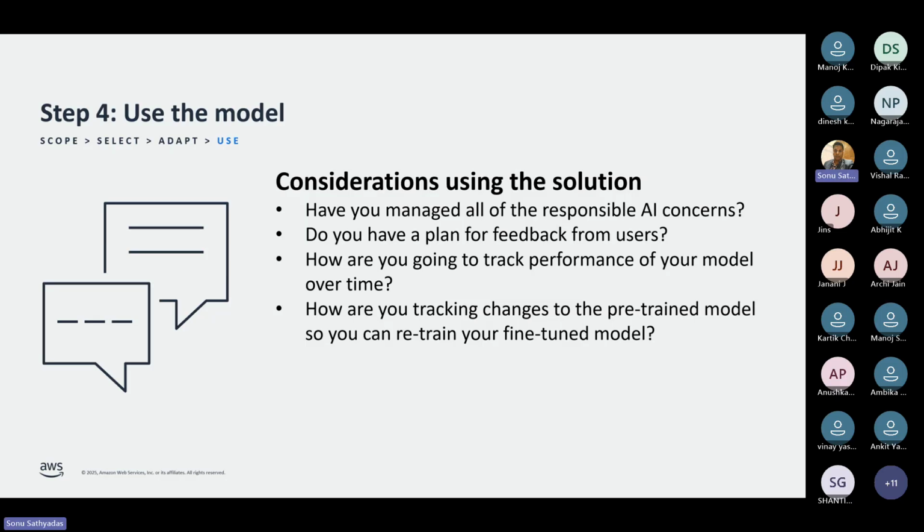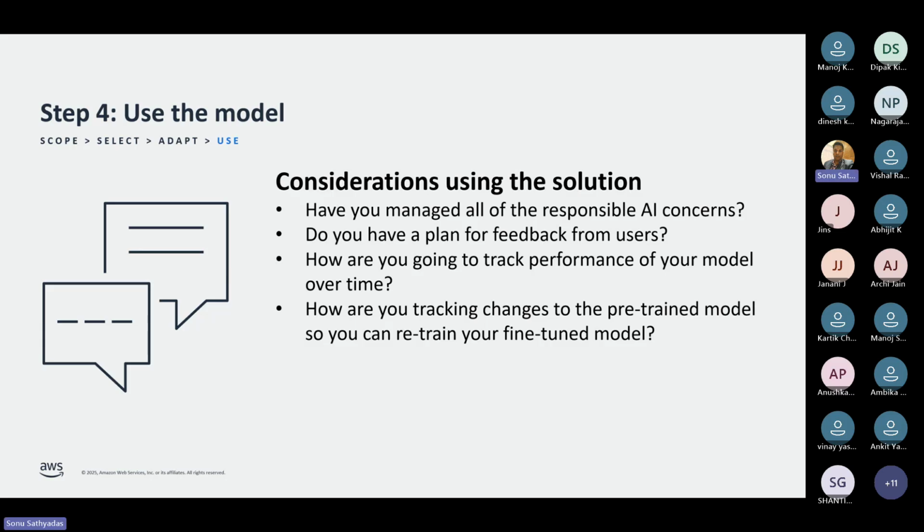Do you have a plan for feedback from users? Suppose the user identifies that the model's response, meaning the automated response coming from the chatbot, is not up to the mark, there is some inaccuracy or irrelevancy in the responses.